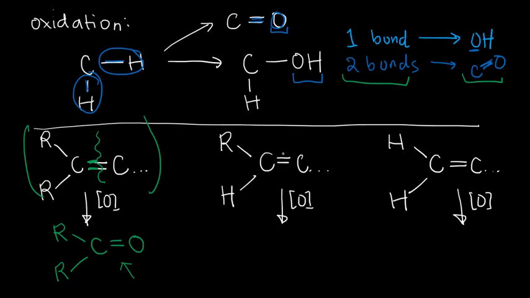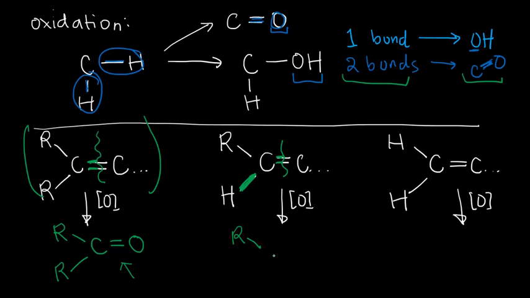Let's say I want to oxidize the same alkene, but this time it has one H, which is pretty much oxidizable, especially with the reagents that I will mention later. That means that not only do I have two bonds to oxidize, but three because of this additional H. The R will stay there.